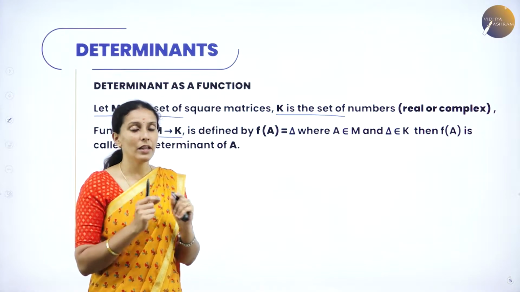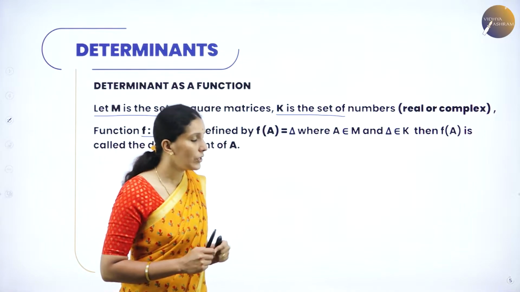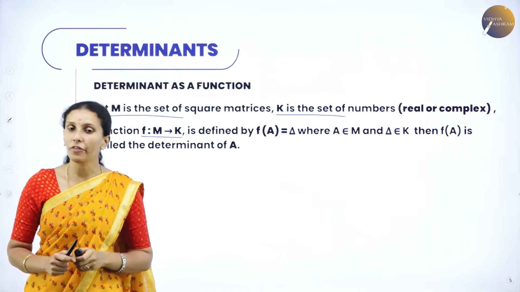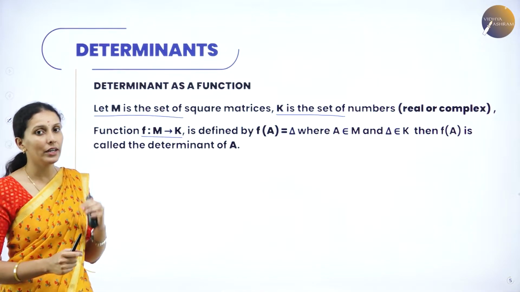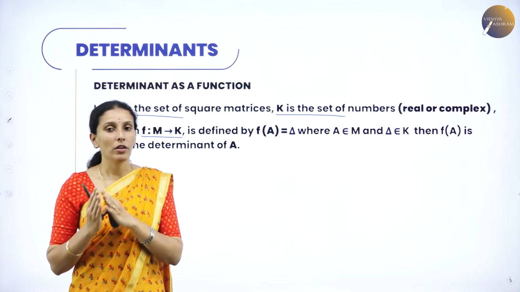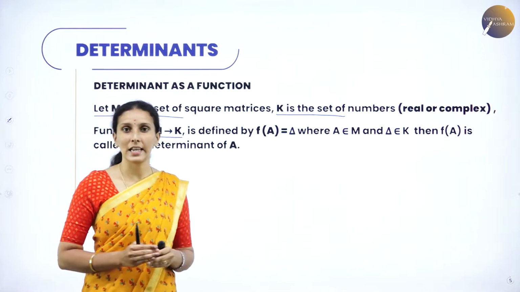That is, for every matrix you have a real or complex value. Hence, f of A is called the determinant of A, which is nothing but delta. Hence, we can also define the determinant as a function from the set of all square matrices to the set of real or complex numbers.